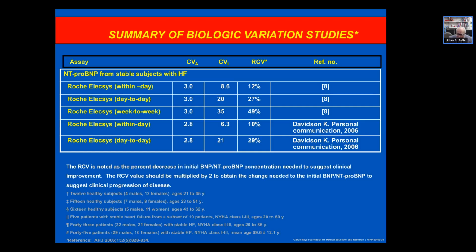And if one looks at biologic variation, these are data published by Allan Wu some years ago, you can see that you need, for an RCV to know that you have a significant change, in particular week to week, 50%. And to be honest, if you look at what is called biologic variation, the RCV usually has to be almost double this to be sure you've exceeded conjoint biologic and analytic variation.